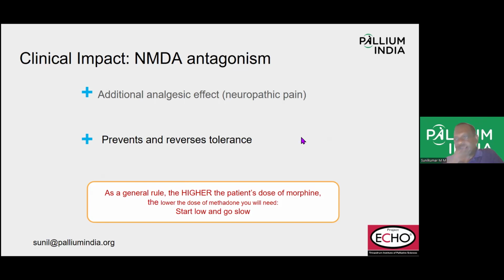So that's the importance of NMDA antagonism by methadone. In addition to that, as methadone is an NMDA receptor antagonist, it can have a beneficial effect on neuropathic pain as well.